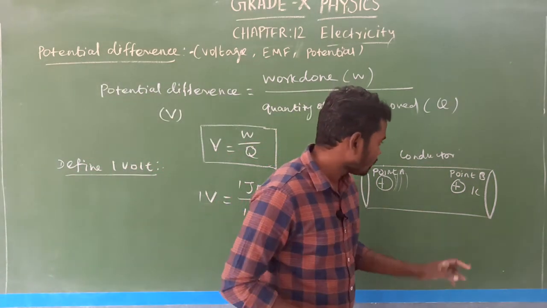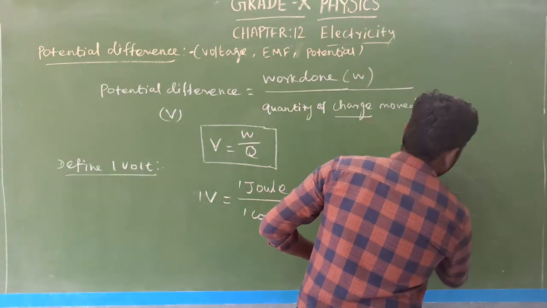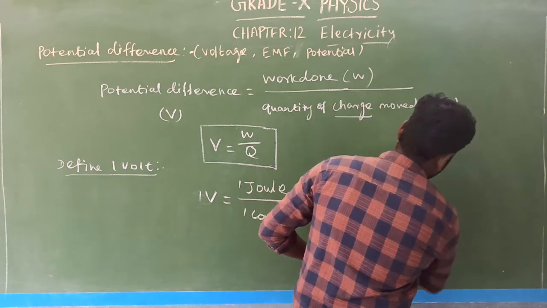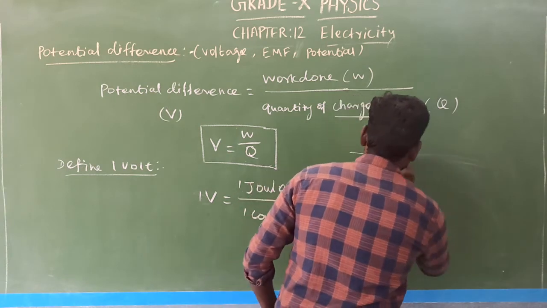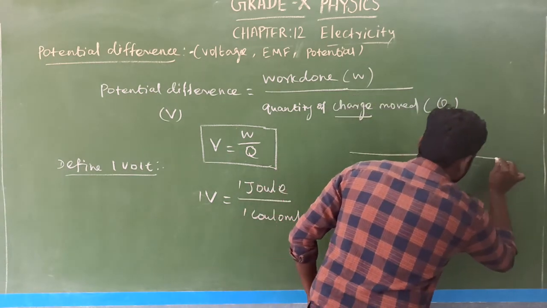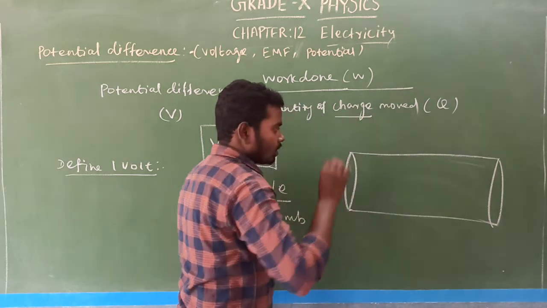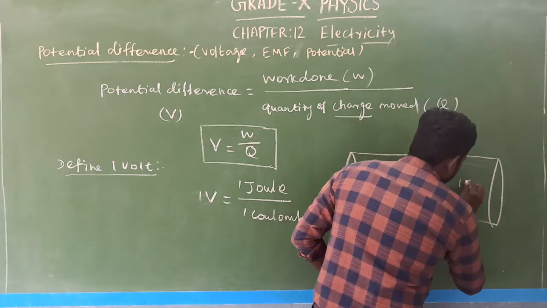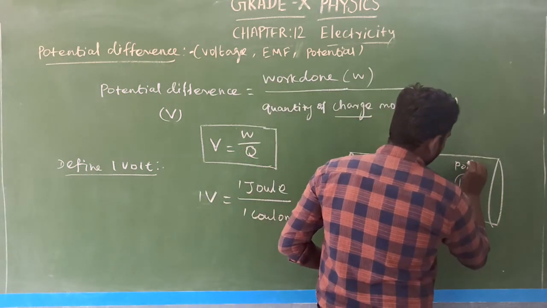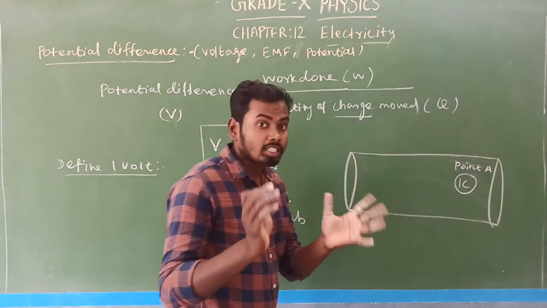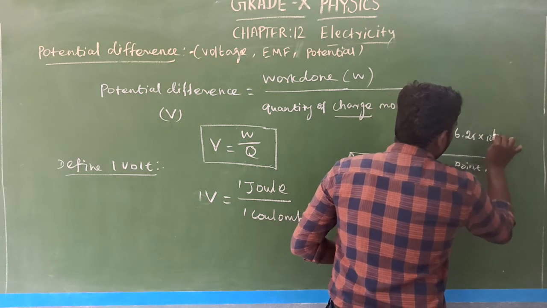Look here, I'll draw clearly so you don't get confused. Consider the conductor. Consider 1 coulomb of charge at point A. What is 1 coulomb? 6.25 times 10 to the power of 18 electrons or protons.